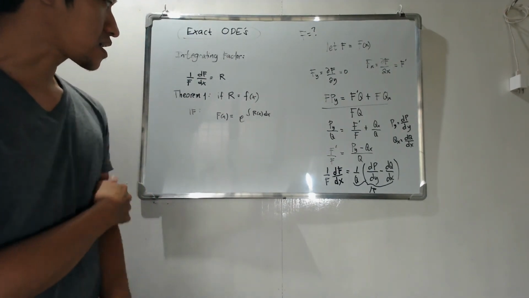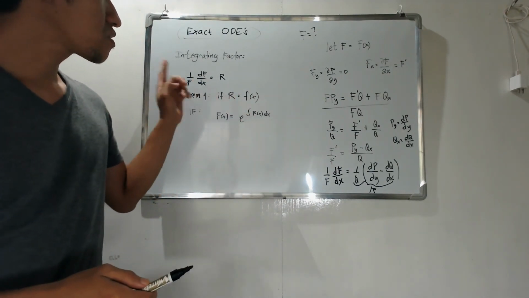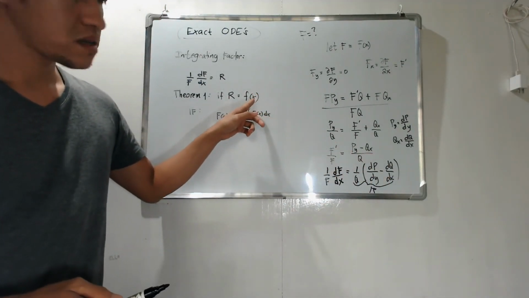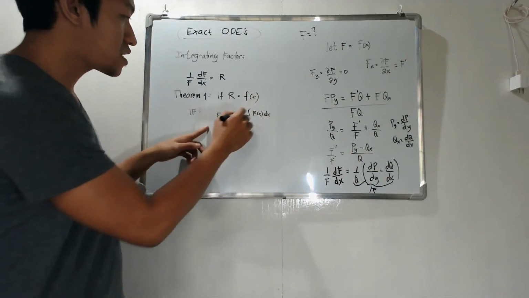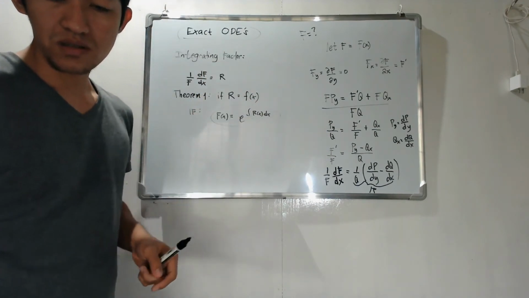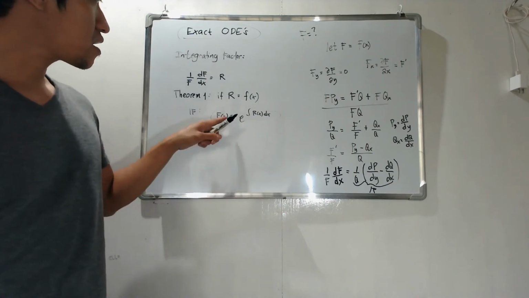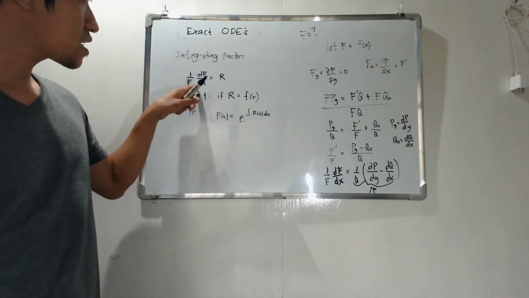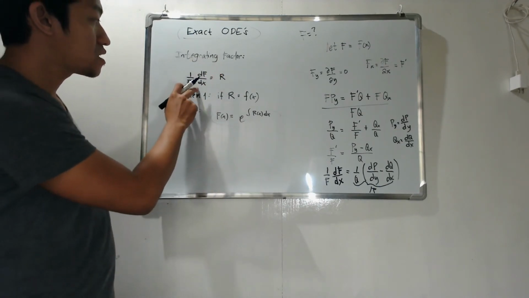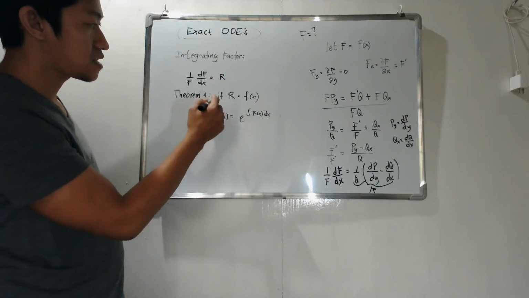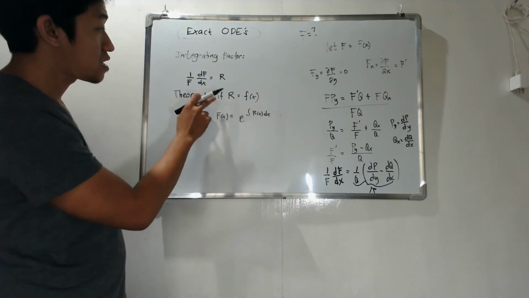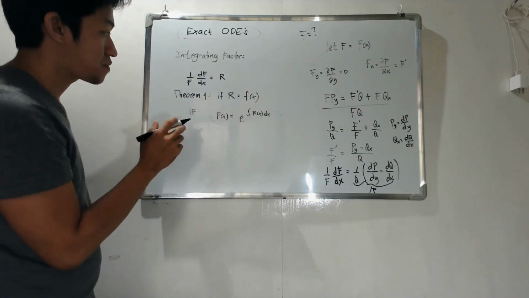That is what you multiply to the expression. You get this by integrating this one, and then exponentiating.